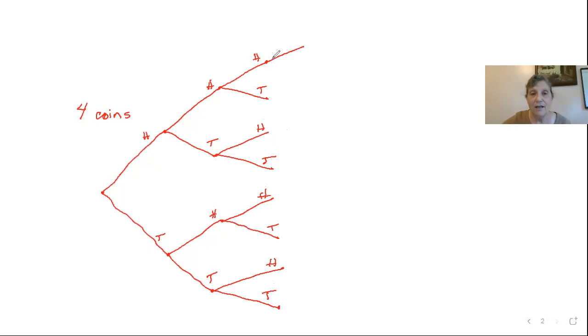If we add a 4th coin to the mix, we add another head, tail, head, tail, head, tail, and so on and so forth.